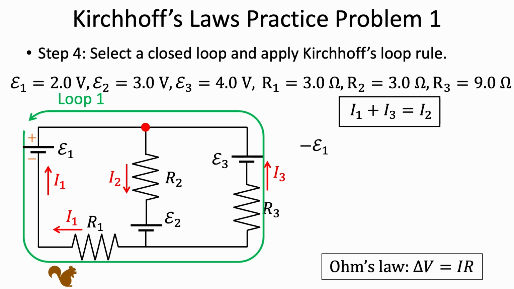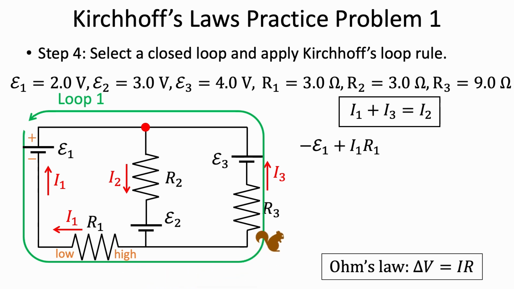Because the current flows from right to left, the right side must be at a higher voltage than the left side. So as I move across the resistor, I go from low to high voltage, making the voltage change positive. And the voltage change for the resistor should be positive I1 times R1.